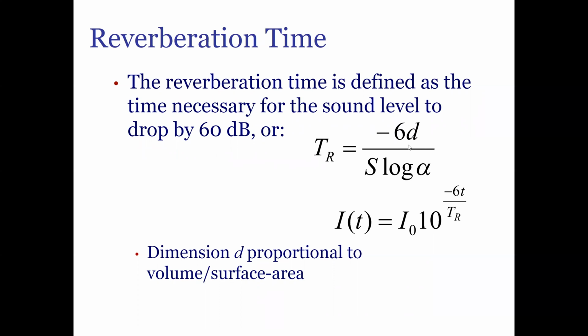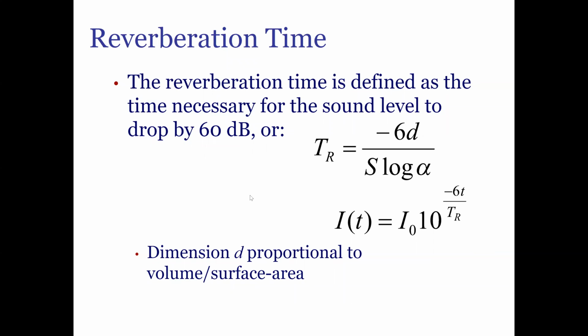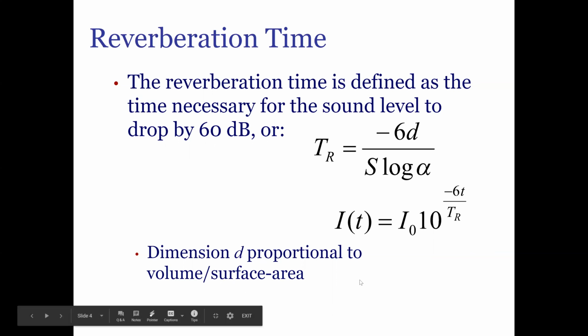So when we are looking at the D, we want to take the volume to surface area ratio, as it says down here. So if you have a room that has a volume of 10 cubic meters, which is enormous, and the surface area is 10 meters squared, then that ratio, 10 over 10, would give me a roughly 10 meter kind of characteristic dimension.